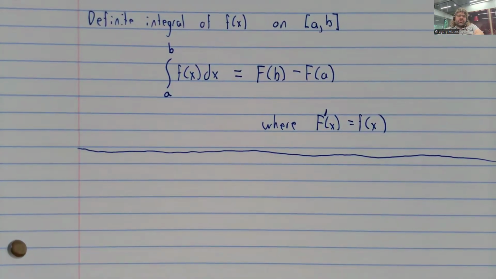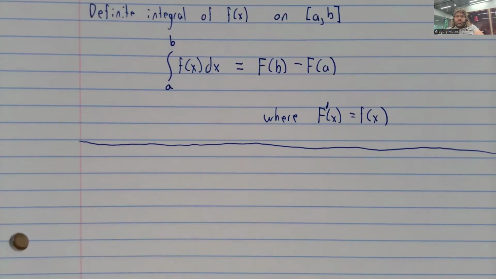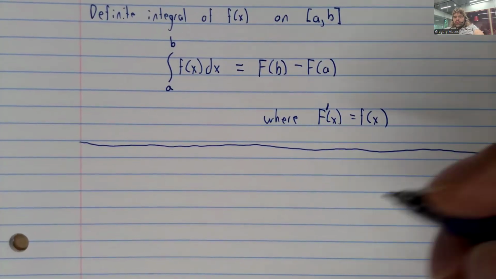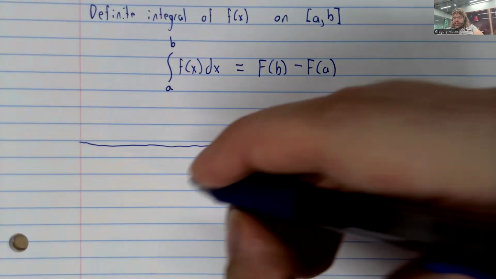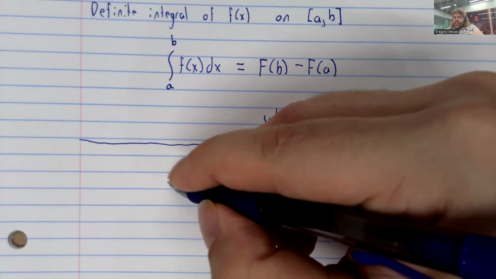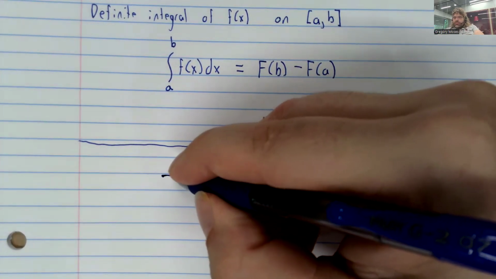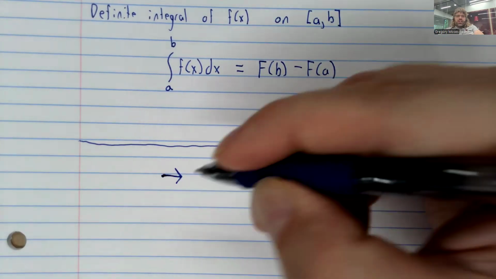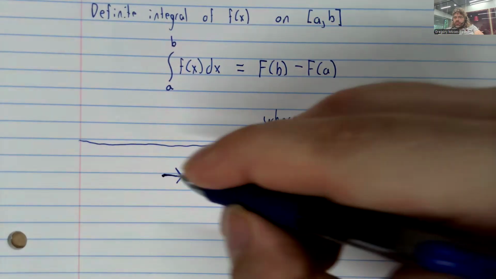What could this possibly be good for? Well, suppose you have a moving object. Let's say the object is moving strictly from the left to the right, just to simplify things a little.